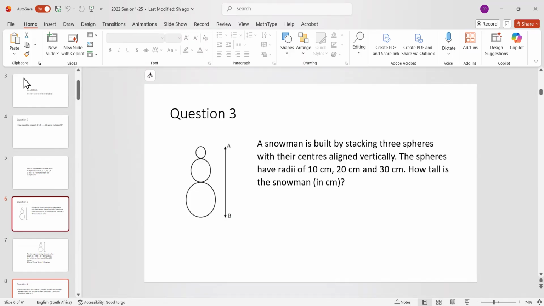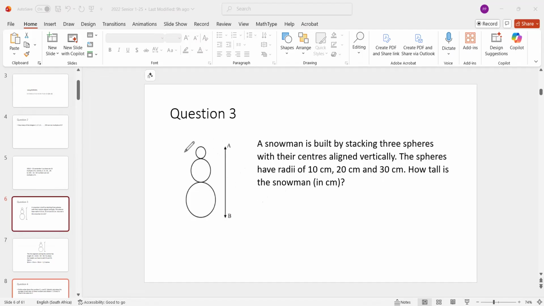Okay, sorry about that. The spheres have radii 10, 20, and 30. How tall is the snowman from top to bottom?